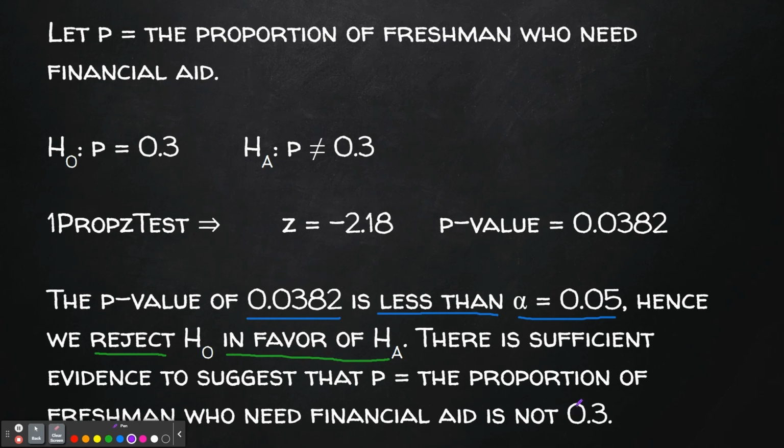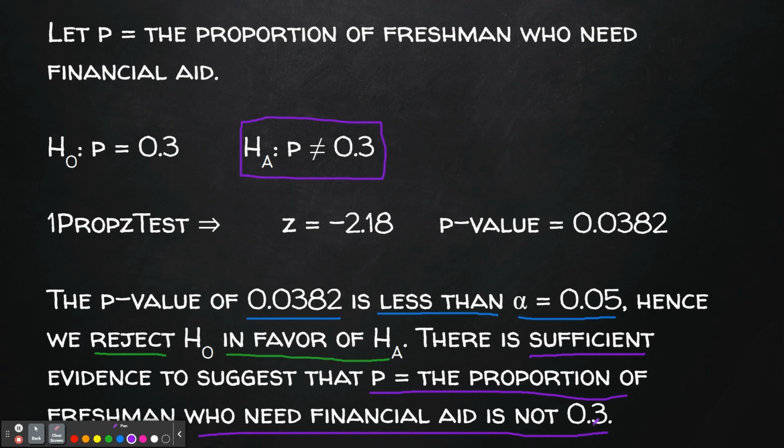This last sentence is meant to put the decision in context based on the alternative hypothesis. Since we did reject the null in favor of the alternative, we're going to say there is sufficient evidence to suggest that, and then we're going to put this alternative in context: that P, the proportion of freshmen who need financial aid, is not 0.3.